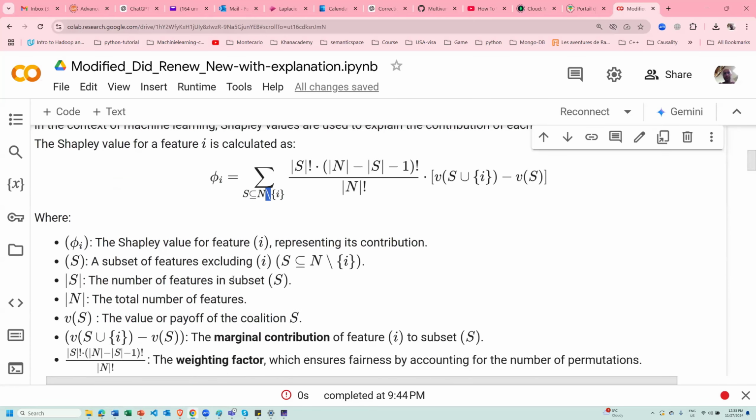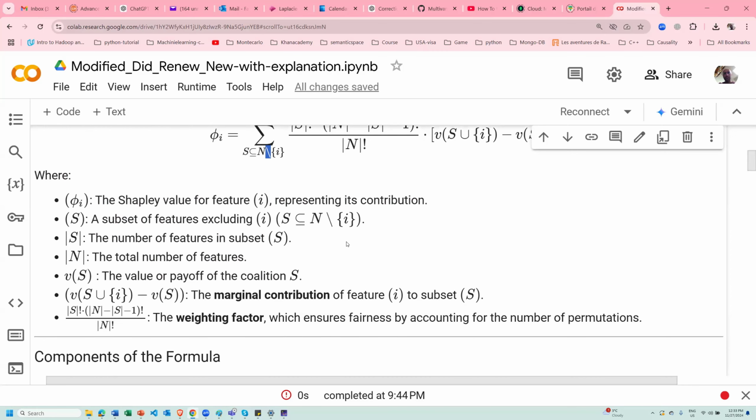S is the number of features in the subset, and N is the total number of features. Here what we are doing is that once we are adding and once we are subtracting, and we see what is the influence or what is the impact. Basically here we have a weighting factor which ensures fairness by accounting for the number of permutations.